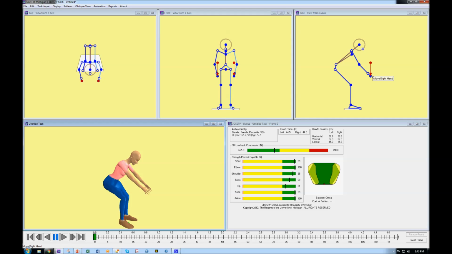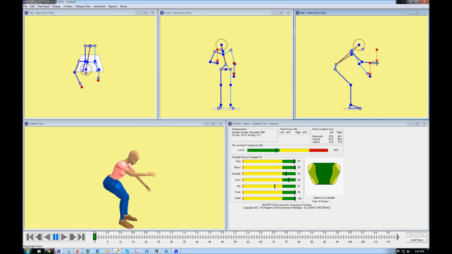So for instance, if you wanted to move the right hand, you can see as I hover the cursor over this circle, which represents the hand segment, as I keep my finger on the left mouse button, I can move this arm any which way I choose, which is being rotated at both the elbow and in all 3 axes at the shoulder.